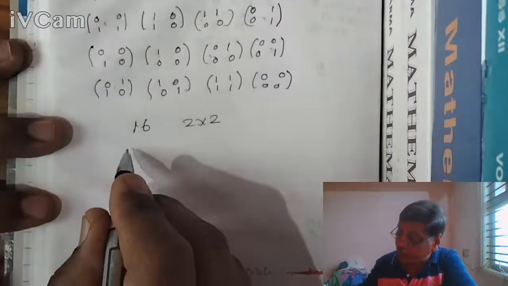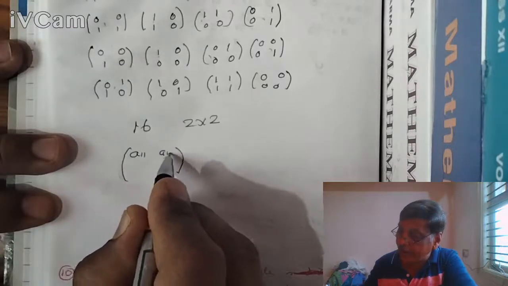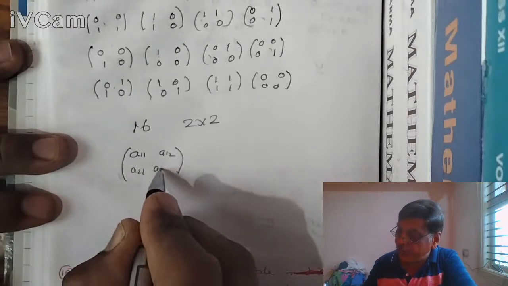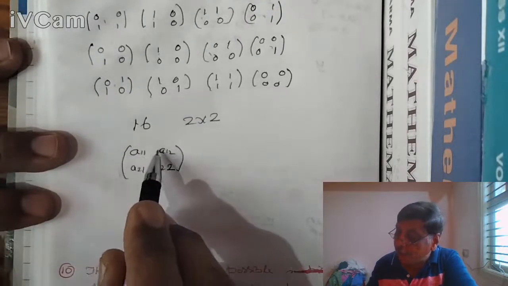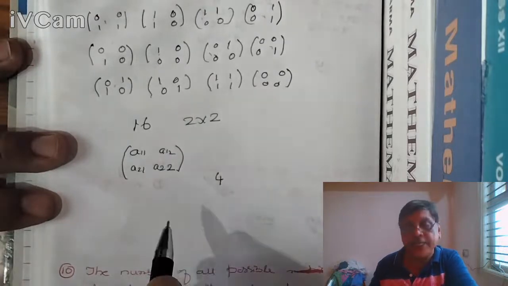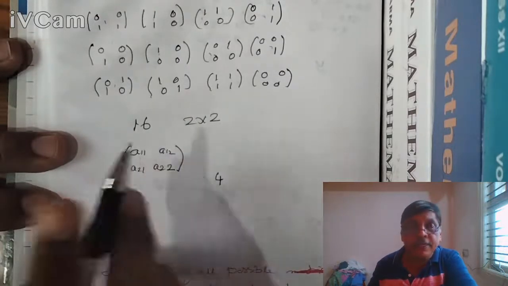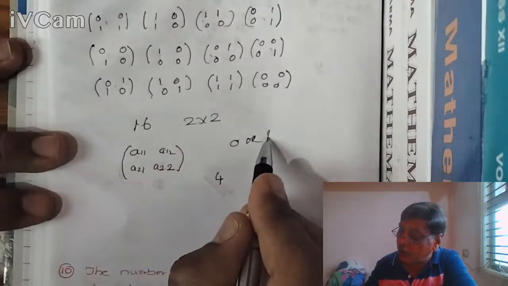Now you come to the conclusion. A 2 cross 2 matrix means A11, A12, A21, A22. How many elements are there? There are 4 elements. Each element has 2 possibilities, either 0 or 1.